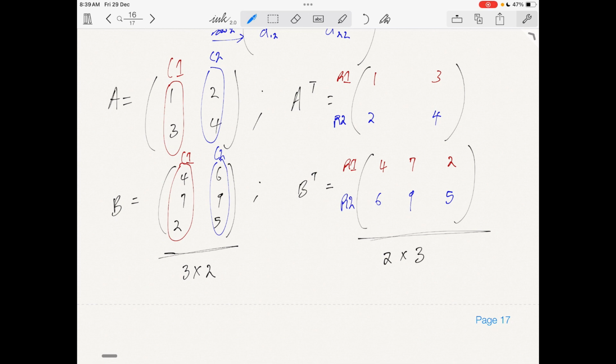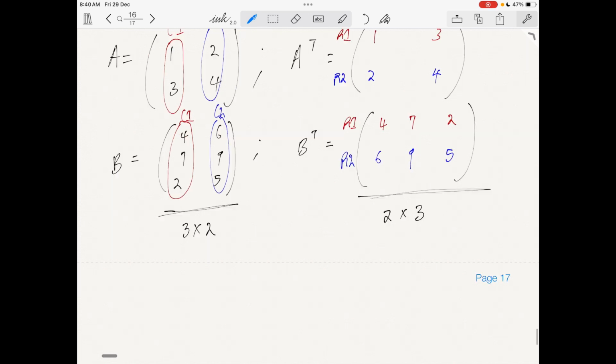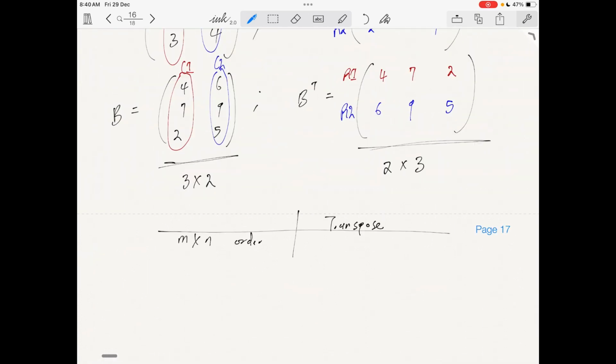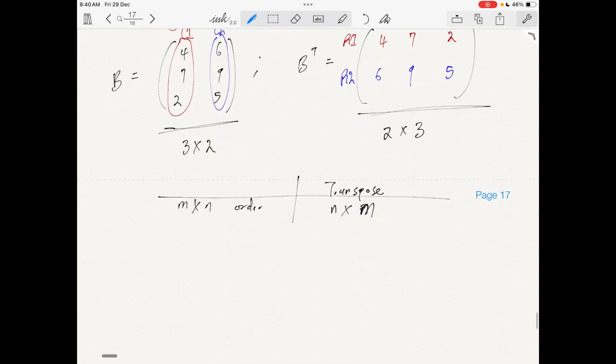We can see that the rows and columns are being interchanged. So in conclusion, if we have a matrix of order m by n, the order of the transpose of the matrix has the m and the n interchanged, so it becomes n by m. Now we can have as many complex matrices as we want.